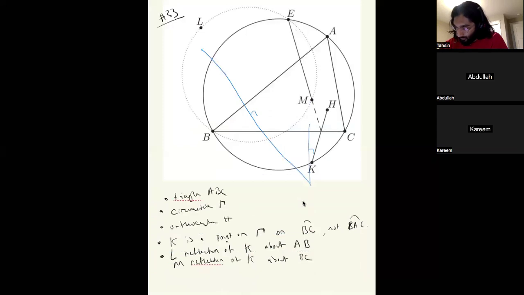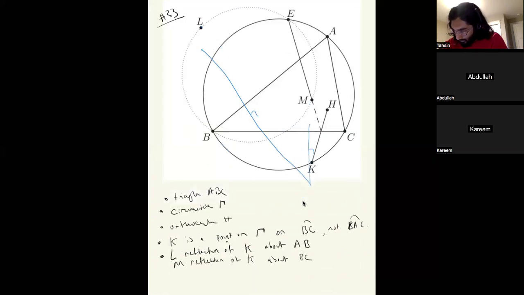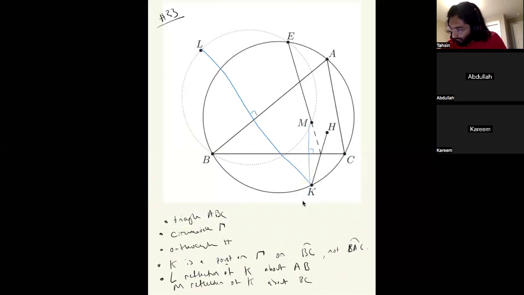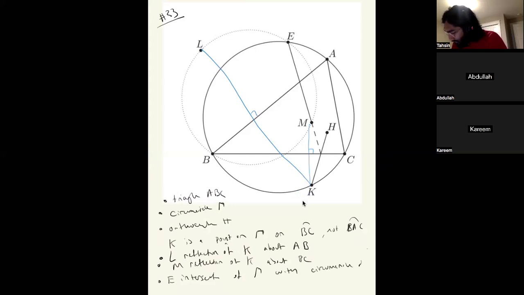E is the intersection of gamma with the circumcircle of BLM.